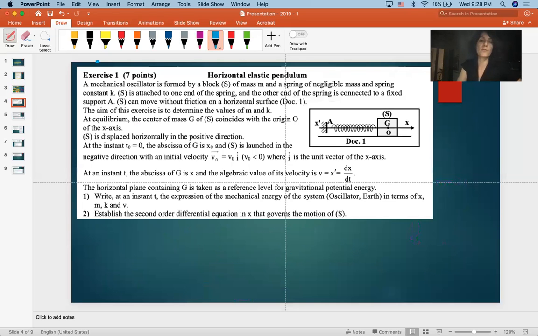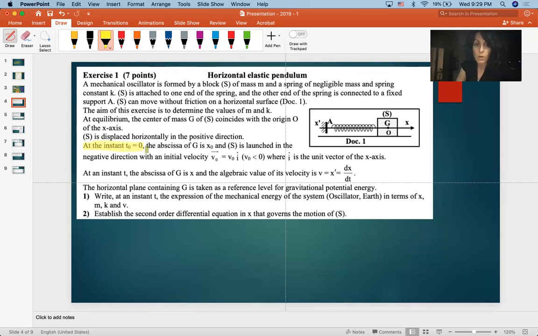Now let's see how we can proceed with the problem. This is the first part of the problem. I'm going to read it quickly with you and we're going to break it down and see what they want. Basically, they say this is the origin of the x-axis, and this is very important, point O. The very important thing to highlight is what happens at time 0.